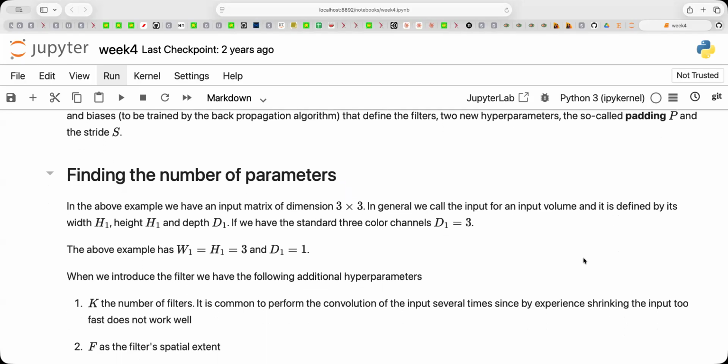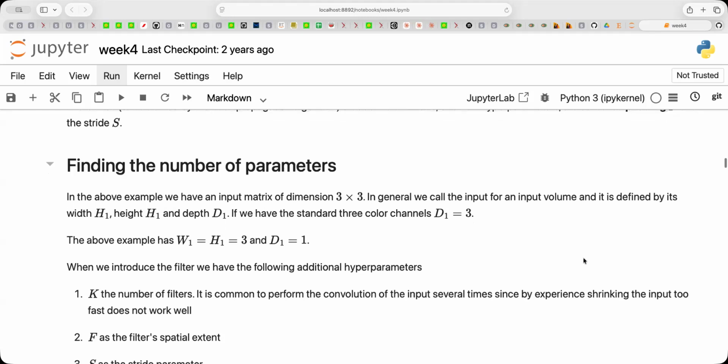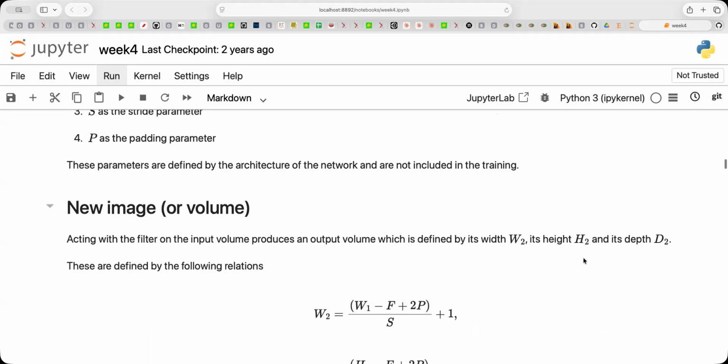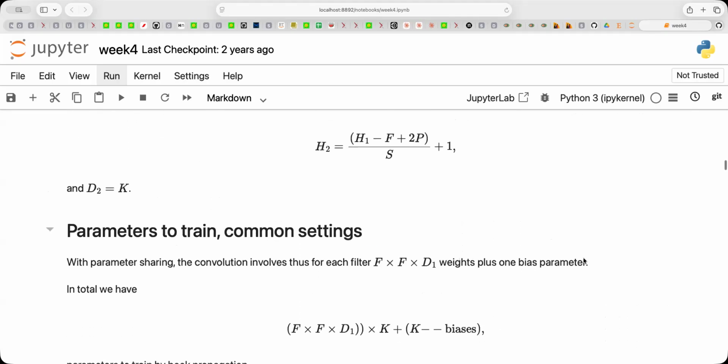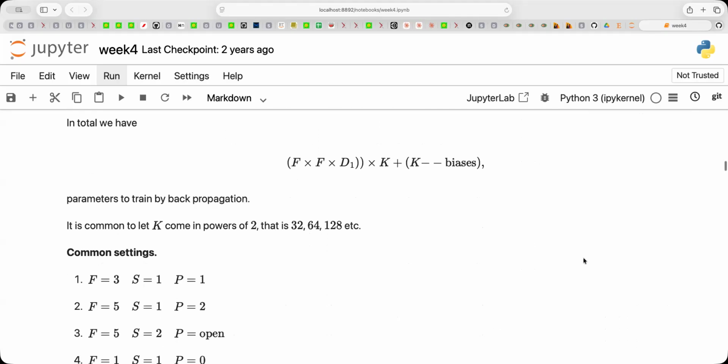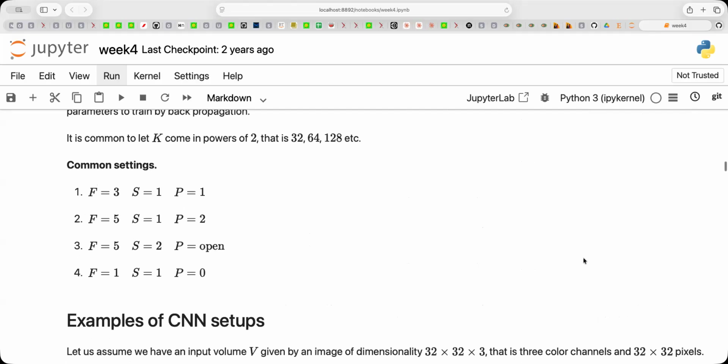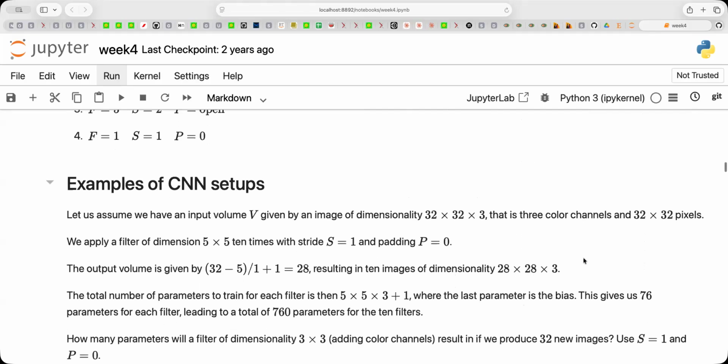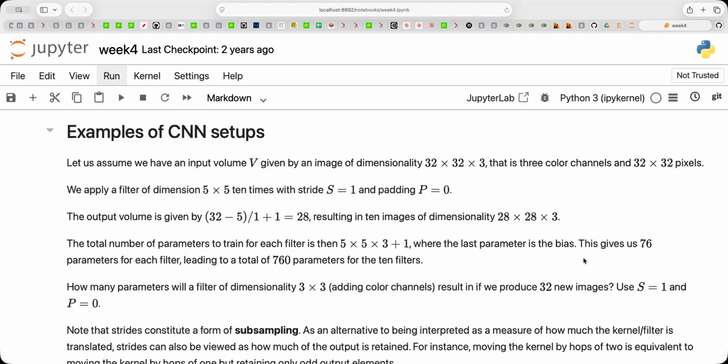Here I just give a list of the same parameters which we discussed before we ended the previous lecture, so you will find the same information here. I'm going to skip this one because we mentioned that before the break. Here are typical examples, which we also went through before the break, so you will find the same information I went through on the whiteboard.